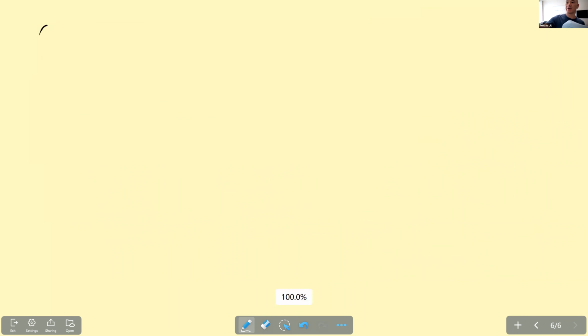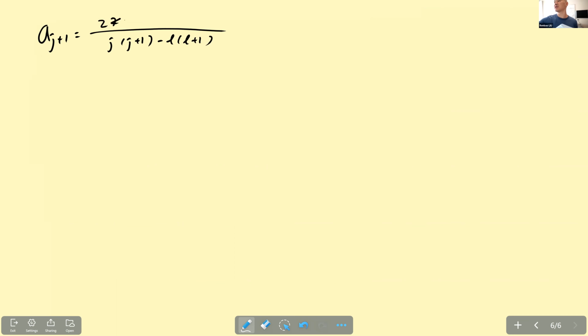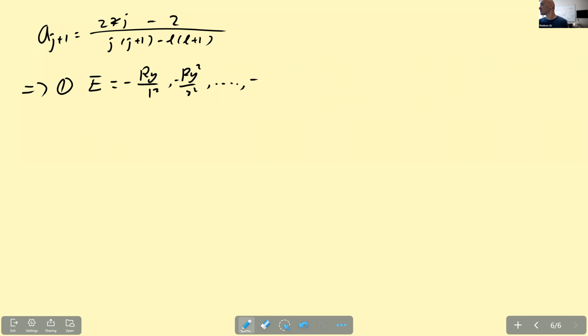So let me write down this one again, right? A_{J+1} equals J times (J+1) minus L times (L+1), over 2 kappa J minus 2. So one result is that the energy E must equal minus Rydberg over 1 squared, or minus Rydberg over 2 squared, and so on.